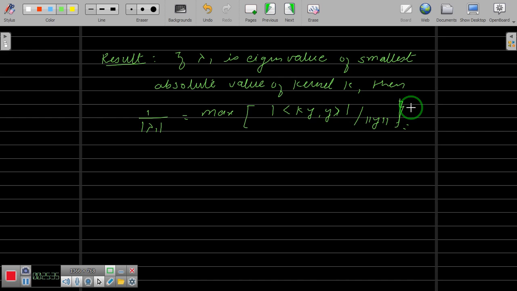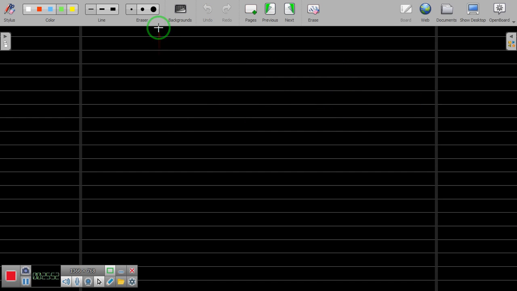There are some other results as well. Let us prove one more result. The set of eigenvalues, you need to prove all the results.